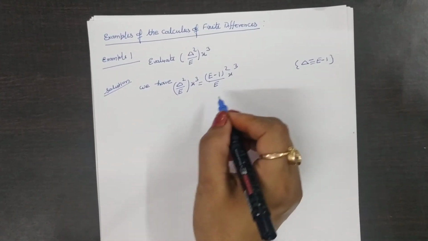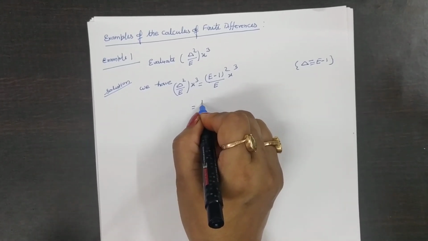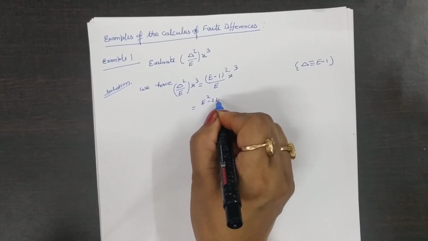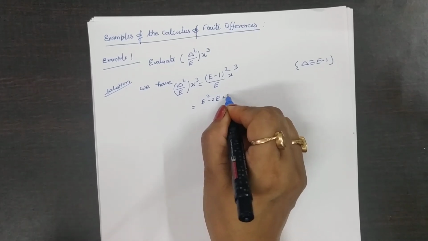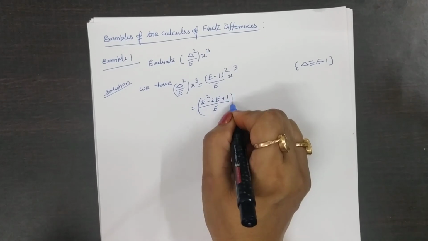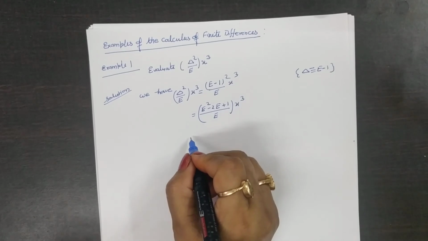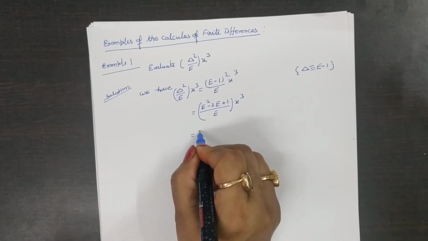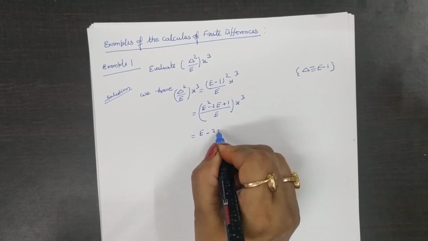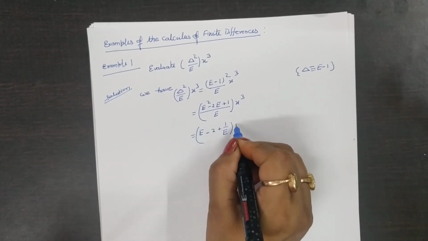Now this can be written as E square minus 2E plus 1, divided by E, and this whole operated on x cube. Now dividing, this can be written as E minus 2 plus 1 by E, operated on x cube.